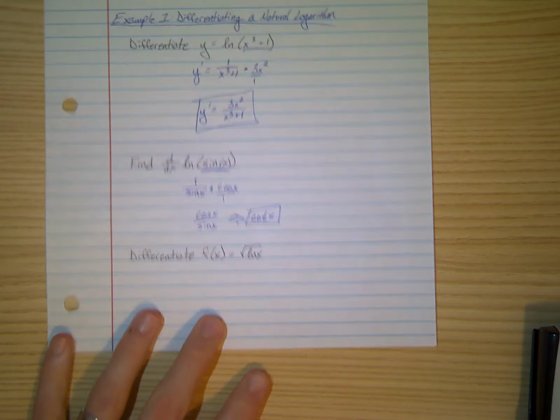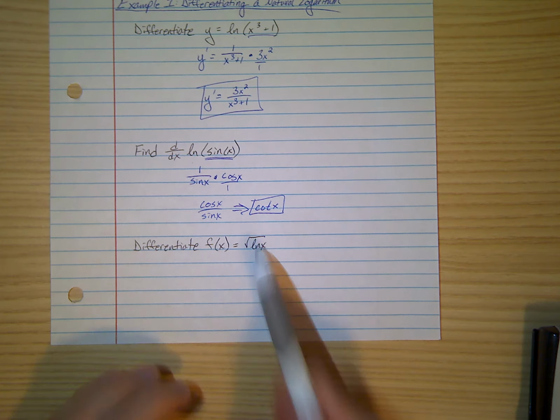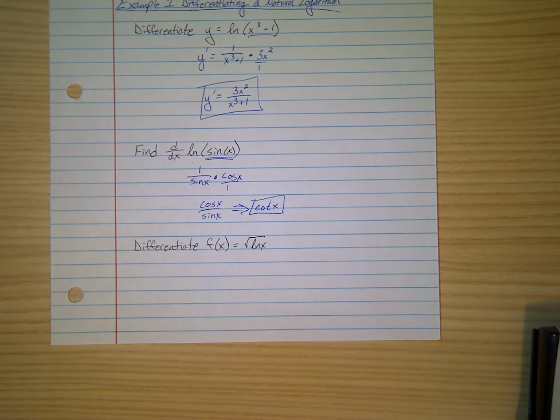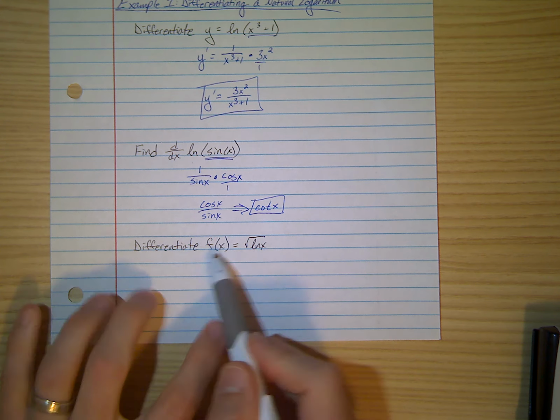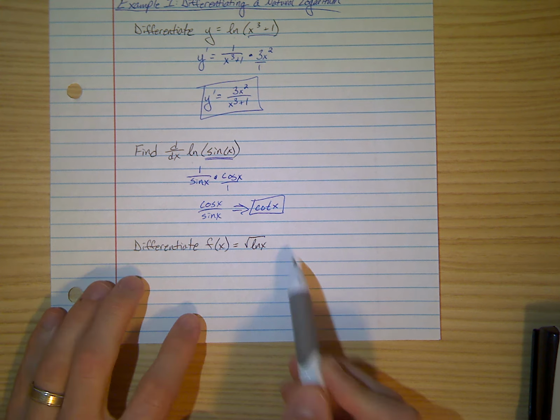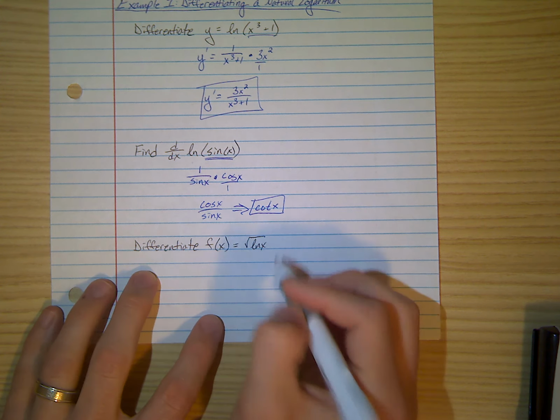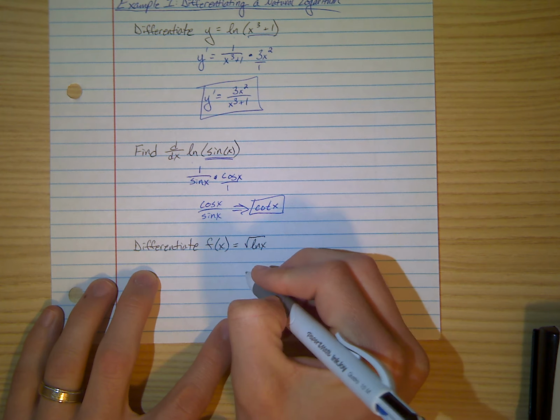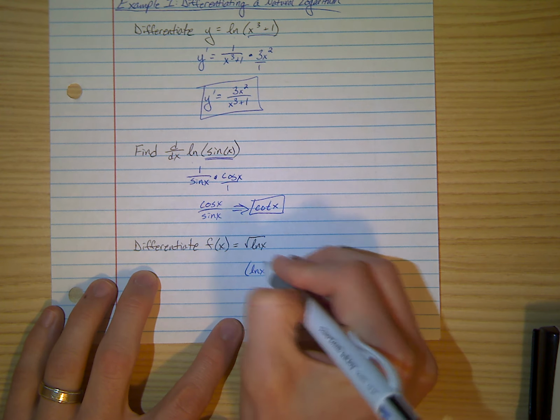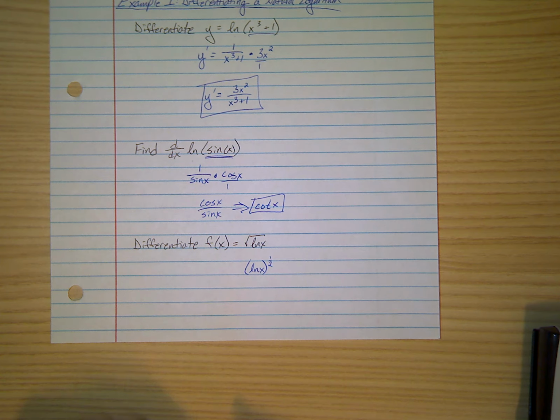This still works if the natural log is the inside function in the chain rule. F of x is equal to the square root of the natural log of x. Again, rewrite this as the natural log of x raised to the 1/2 power. And now it just looks like the power rule combined with the chain rule.